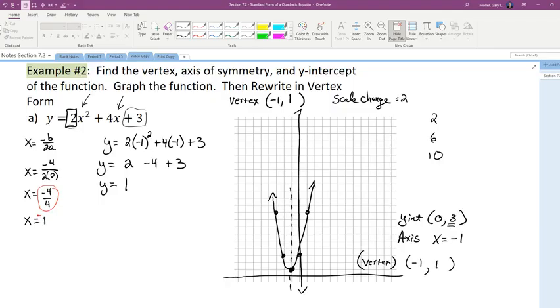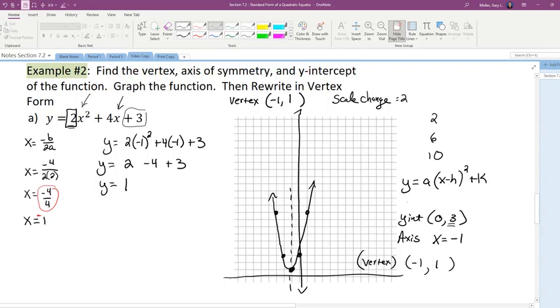All right, the last thing I'm asking you to do is now let's rewrite this in vertex form. So we know all the pieces, y equals a times (x minus h) squared plus k. This is vertex form. And we know what these numbers tell us. So we know that there's a scale factor of 2.